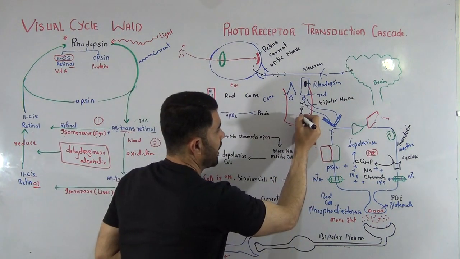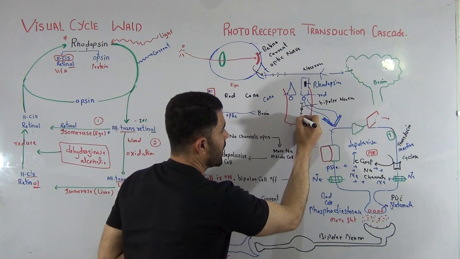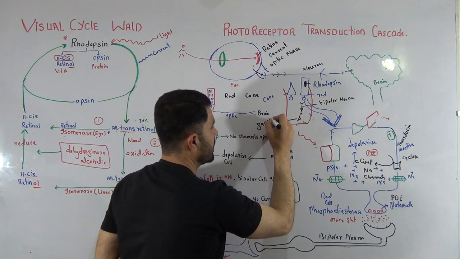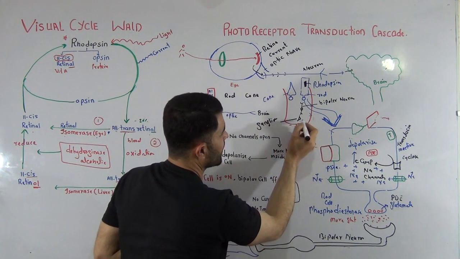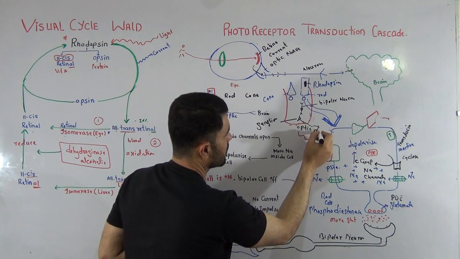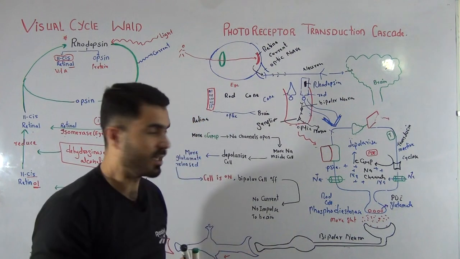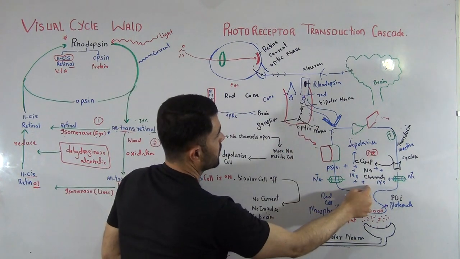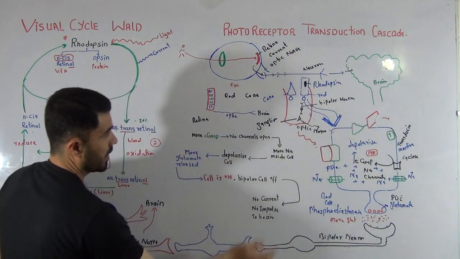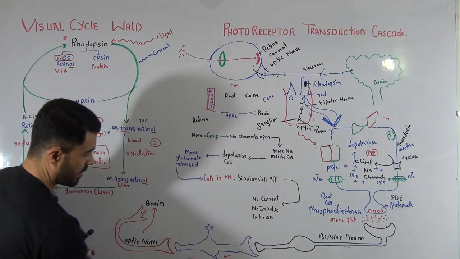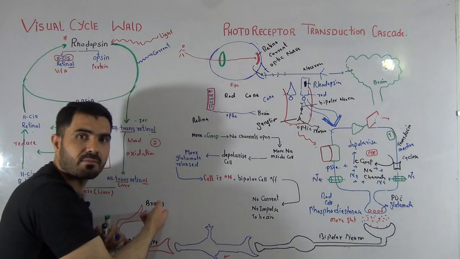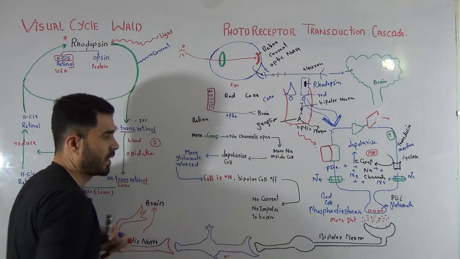After the bipolar neuron there is another cell called ganglion, and after this ganglion there is the optic nerve. Similar is the case: after the rod cell there is bipolar neuron, then ganglion, and then the optic nerve, which is leading to the brain. So this is the idea.